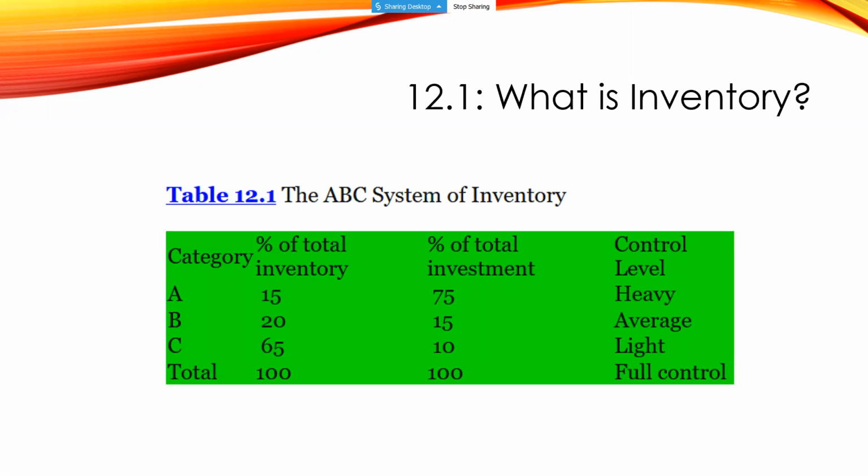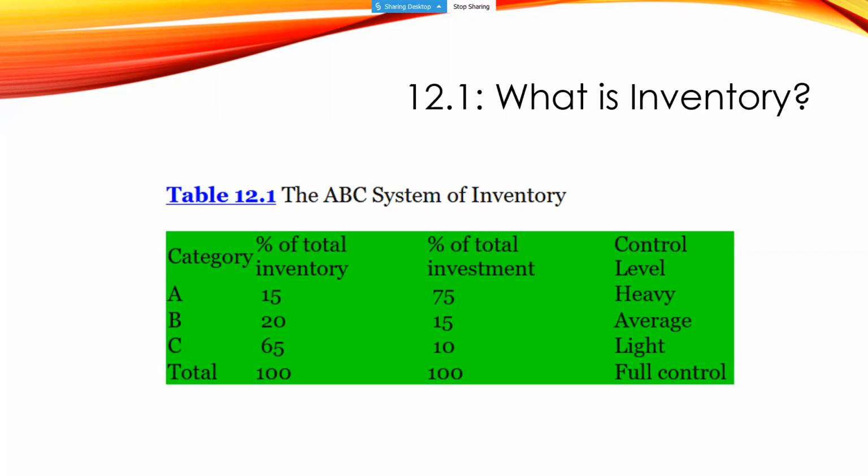And you separate it out by how much control needs to be exercised over those goods. And basically the goods that need the most policing in terms of security and warehousing, you want those to be the lowest percentage in terms of units of your total inventory. But quite often, they constitute a higher cost per unit.